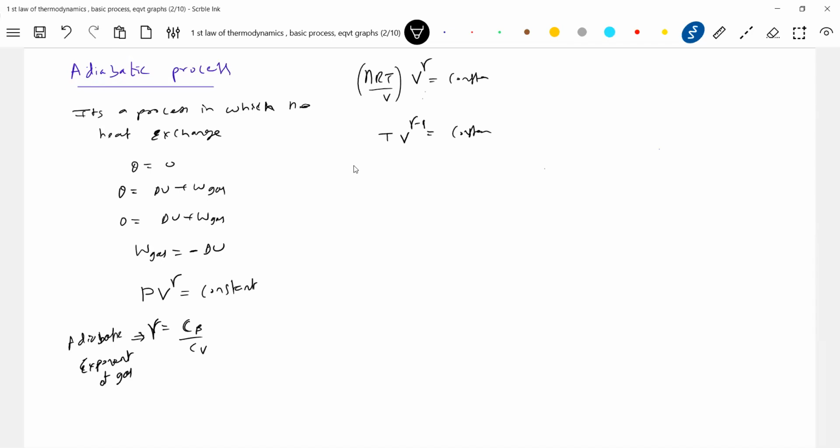Okay, let's go for how pressure and temperature are related. Volume, I can replace in terms of pressure. So V we can write as nRT by P. So P to the power 1 minus gamma, T to the power gamma equal to constant.